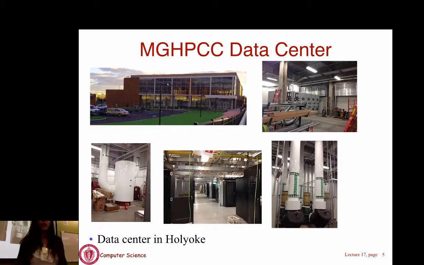So as you can see, the white containers on the bottom left and right are the cooling devices inside the data center. And the middle picture on the bottom shows the server racks that are used to stack servers inside.